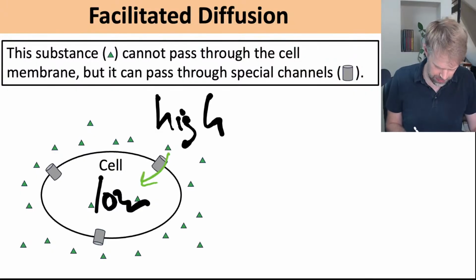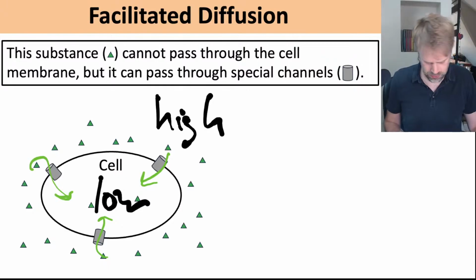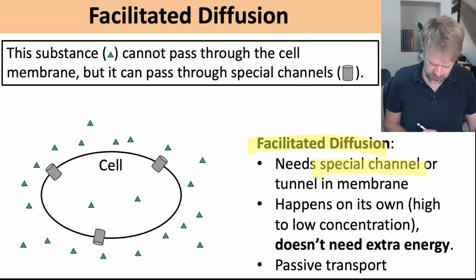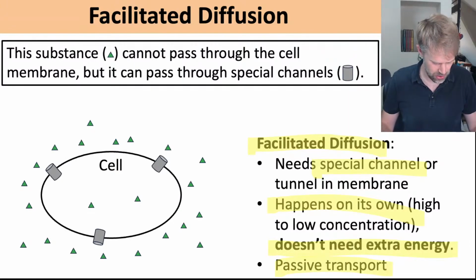The net movement is going to be into the cell through those little channels. And again, this is an example of facilitated diffusion because you have these special channels. It happens on its own, high to low concentration, and it doesn't need extra energy, which means it is an example of passive transport. Any questions about this?